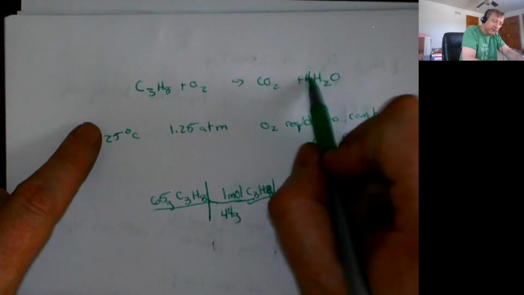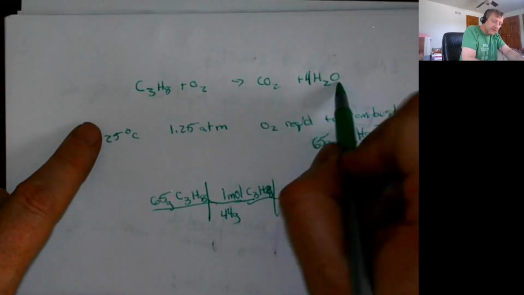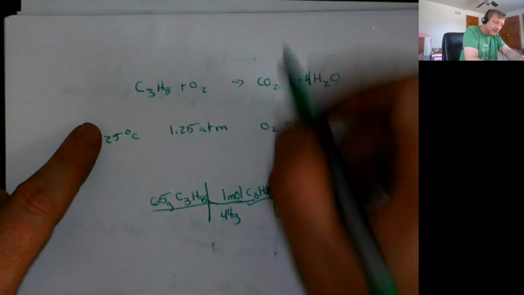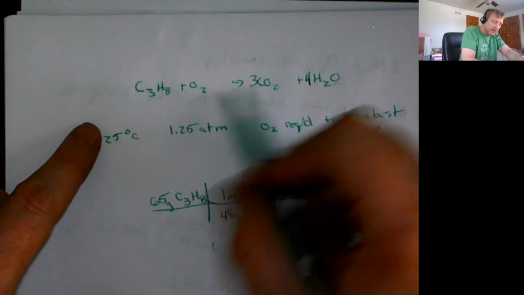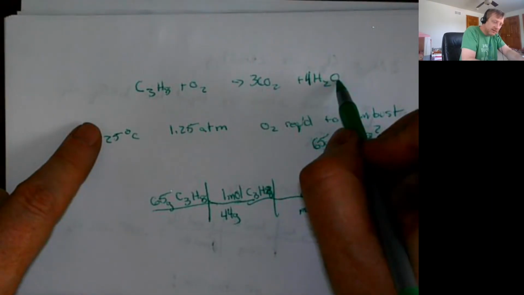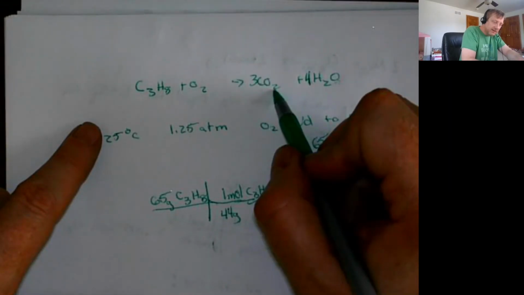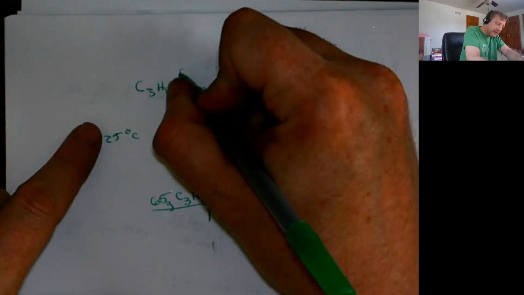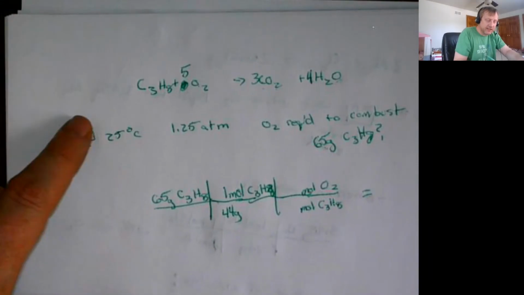That would give me 8 hydrogens. It gives me 4 oxygens. And here, if I try a 3 to get my carbon straightened out, I can see that I've got 4 oxygens there and another 6 oxygens needed there. And so I need 10 oxygen atoms or 5 diatomic pairs of oxygens.